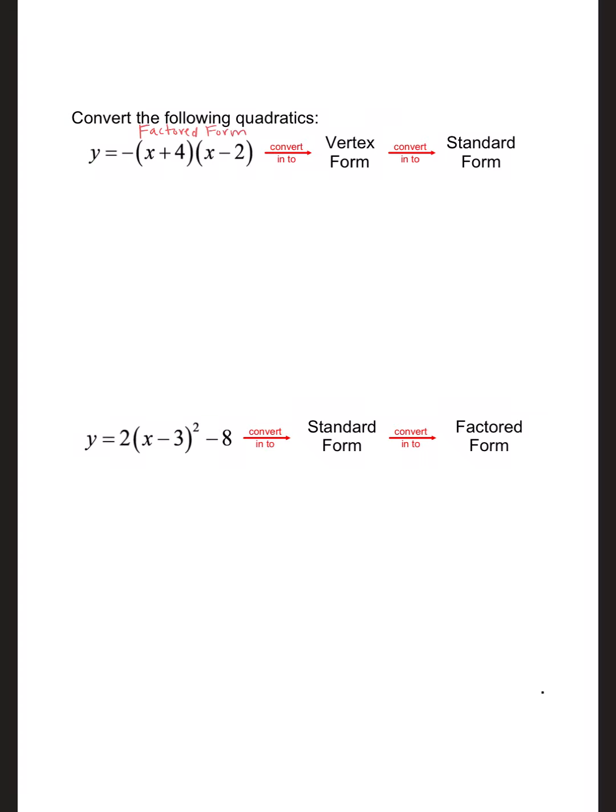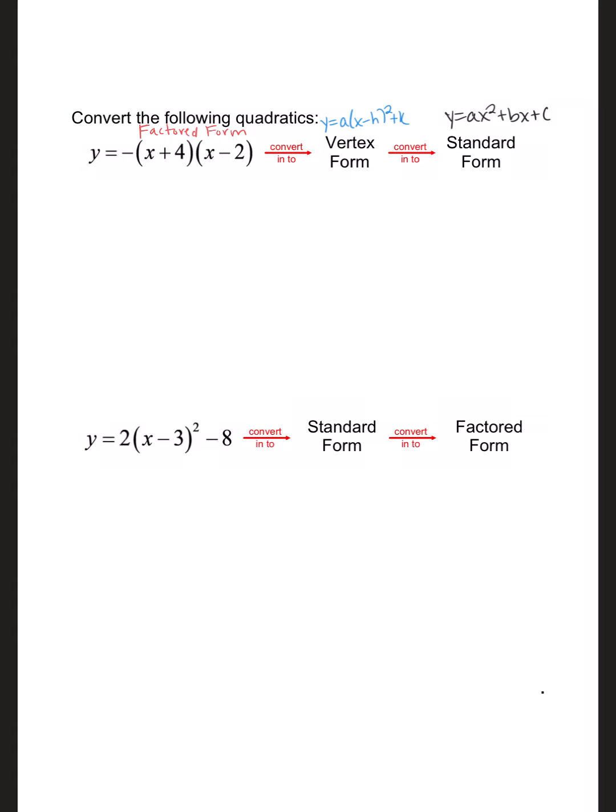And we have an arrow here showing us to convert it to vertex form. So let's write down what vertex form looks like so we start getting familiar, right? So vertex form is that a(x minus h) squared plus k. And then it wants us to, from there, convert it to standard form, which is that ax squared plus bx plus c.